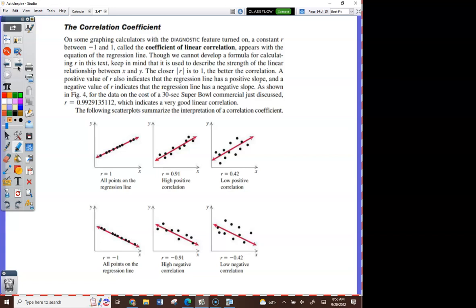That's ambiguous. We need a clear, quantifiable way. Quantifiable means a number that tells me how strong the data is to the line of best fit, or how weak. Enter correlation coefficient. It's the R, or the R squared in your calculator that you saw at the very end.